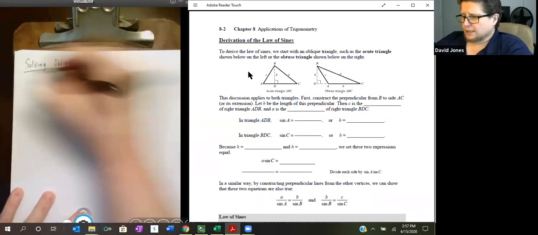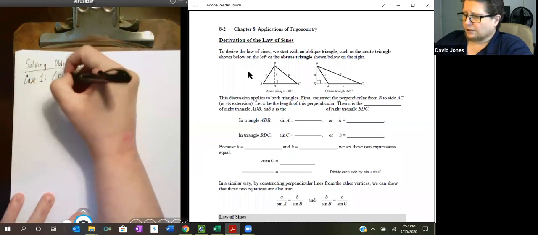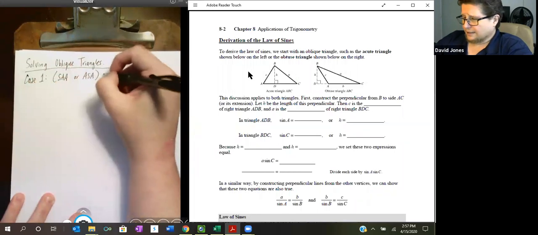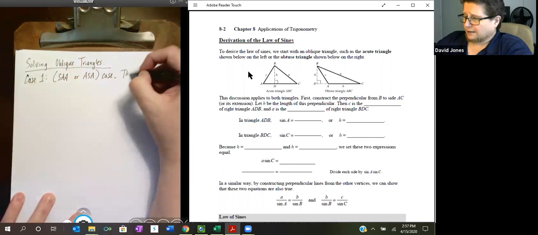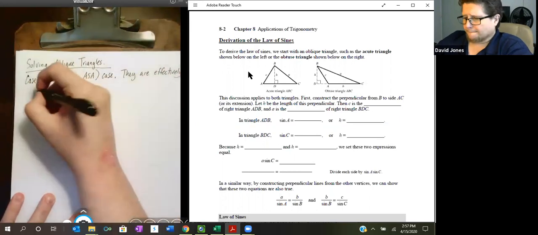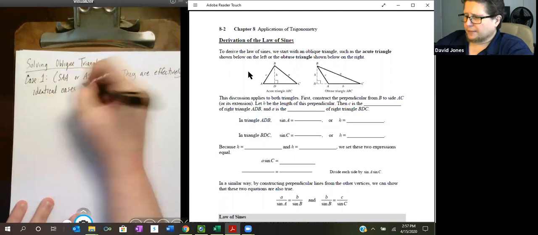So case one is the side angle angle or angle side angle case. They are effectively identical cases, with just a little bit of manipulation.